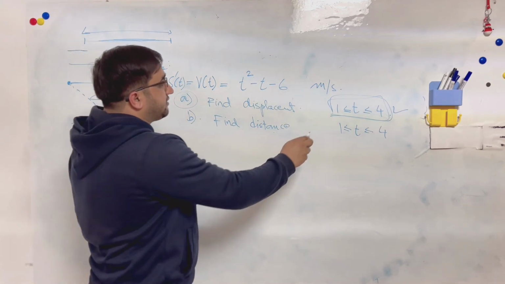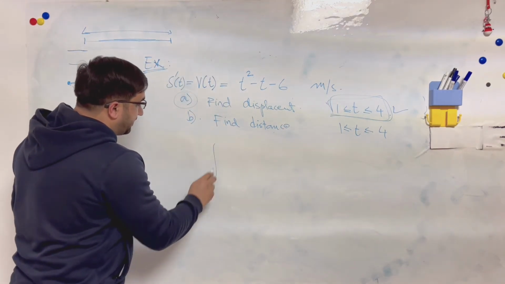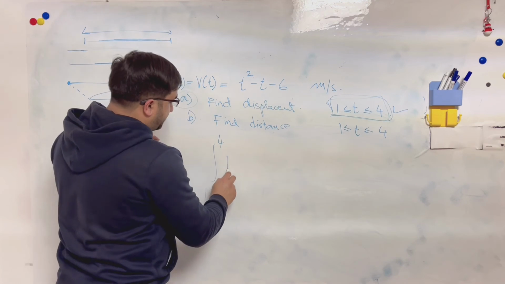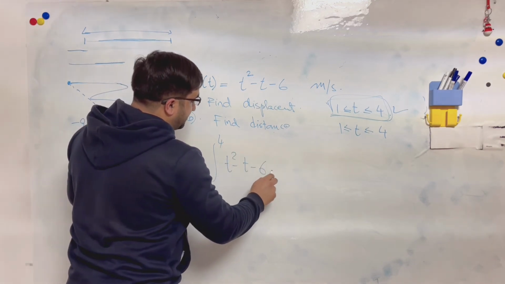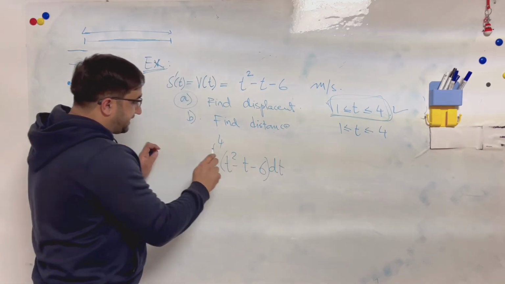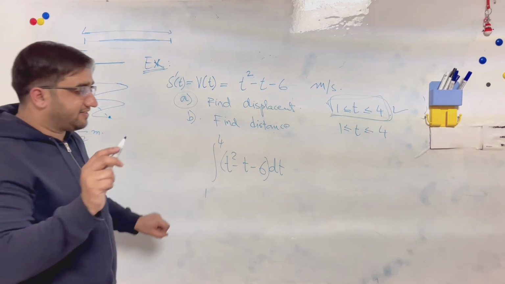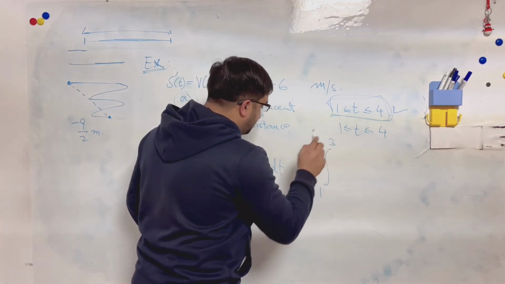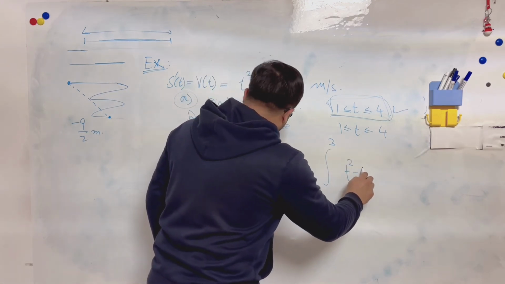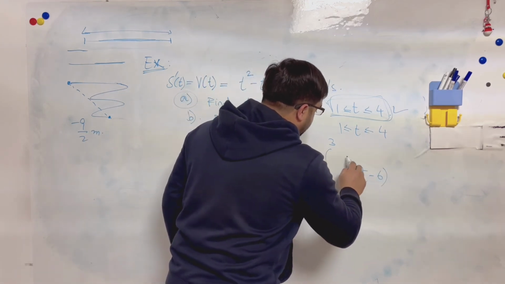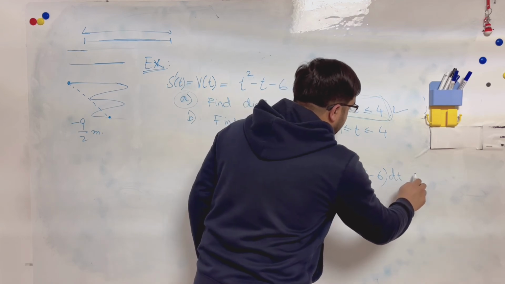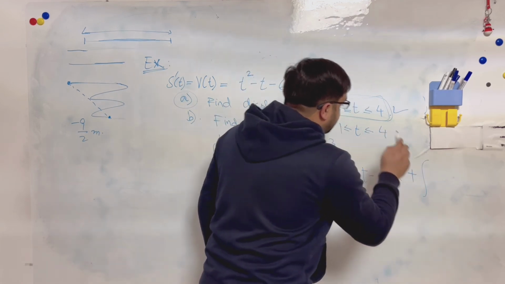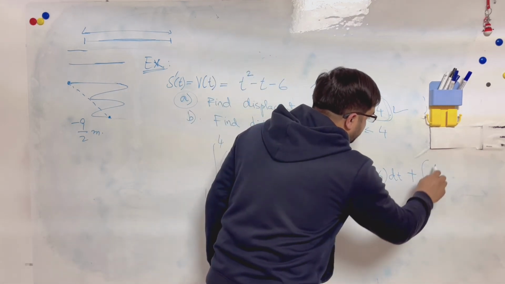So this whole integral is from 1 to 4 for this function, t square minus t minus 6, and just now we checked that from 1 to 3 the answers are negative. So you can split it into the integral from 1 to 3, t square minus t minus 6 dt, plus a separate integral from 3 to 4.